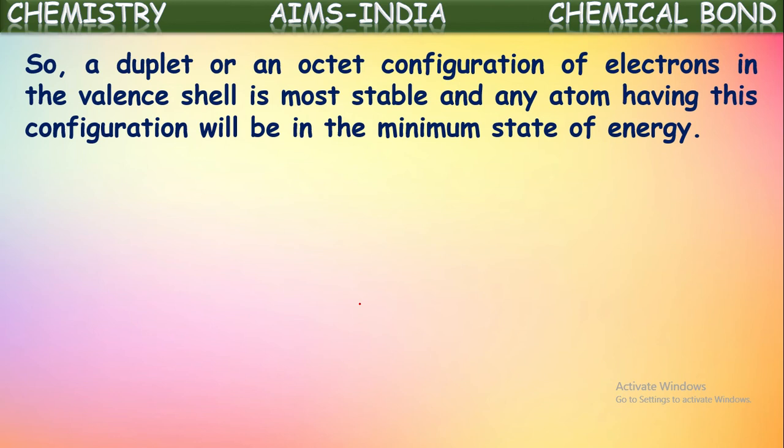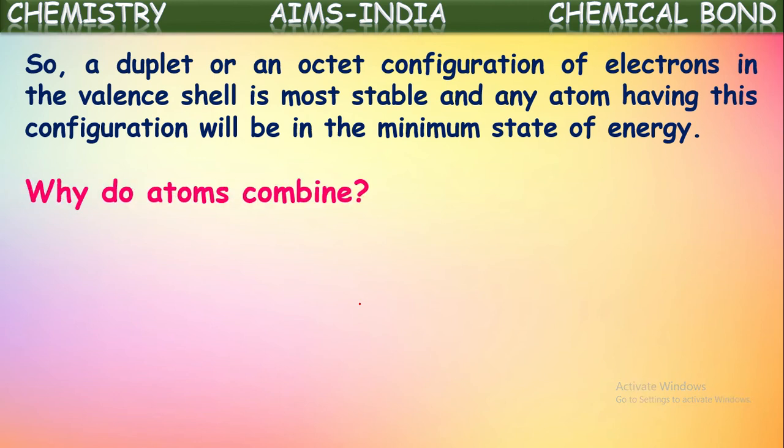If an element has greater energy, it will be least stable. If an atom is observed with greater stability, it contains least energy, minimum energy. So the atoms with duplet or octet configuration have greater stability and a minimum state of energy.